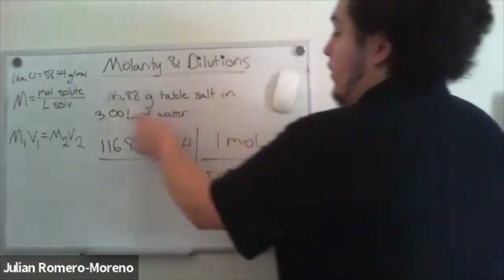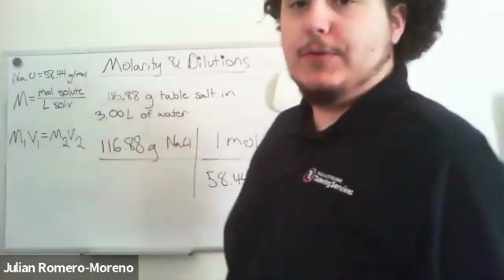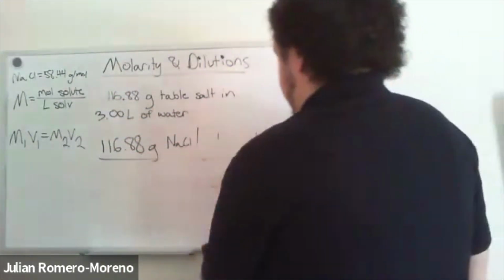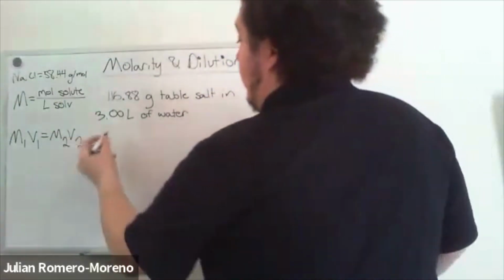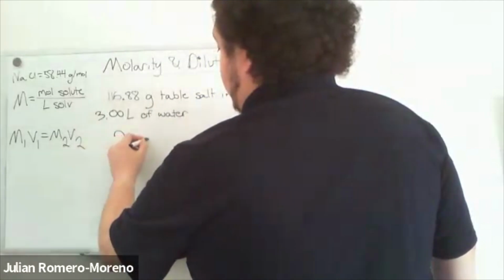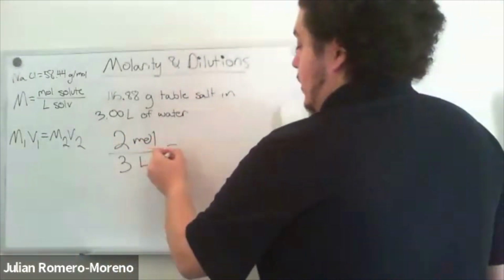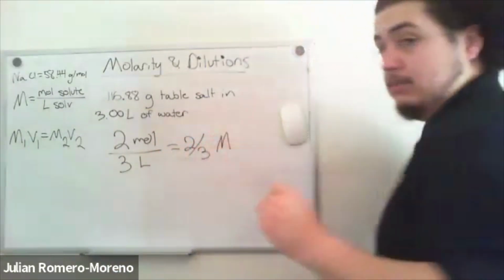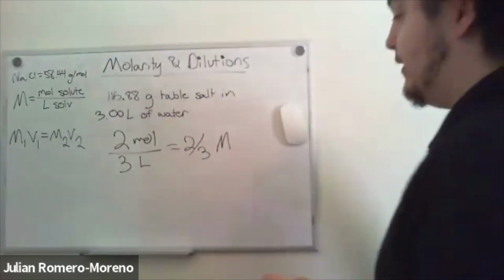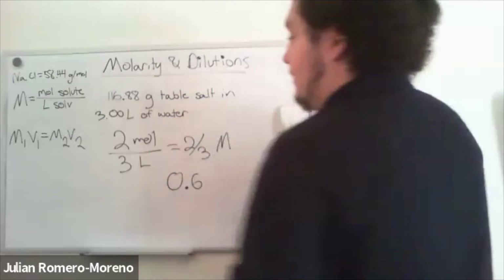And then we have 3 liters of water. If you remember, molarity is moles of solute over liters of solvent. So our actual answer would be 2 moles over 3 liters of water, which is just 2/3 molar, which we read as big M, or if we want to put that in decimal form, 0.6 repeating.